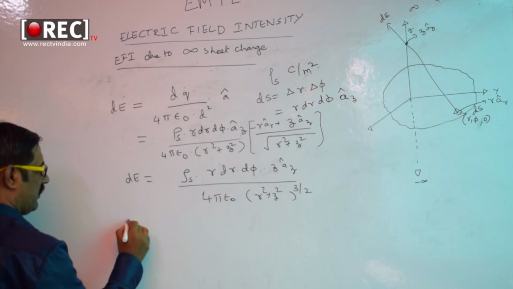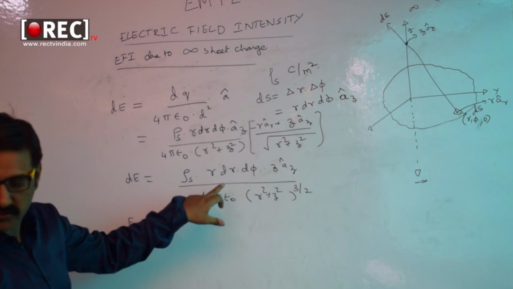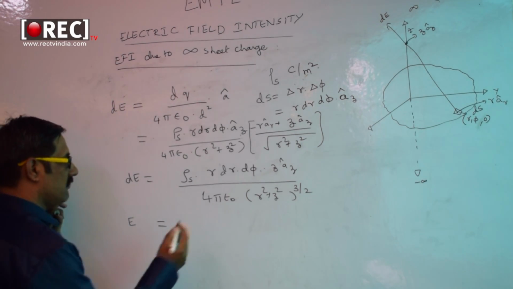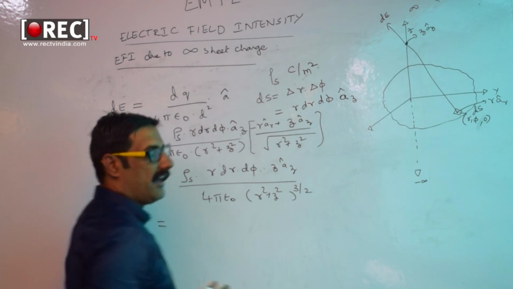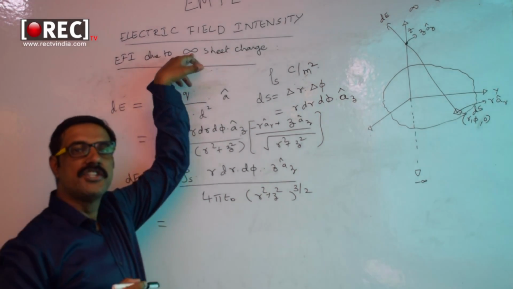So from this, what is E? I can get it by integration. If you observe the variables of integration, we have got phi and r. Phi varies from 0 to 2 pi in the cylindrical coordinate system, and r varies from 0 to infinity because we are assuming that it is an infinite sheet charge.